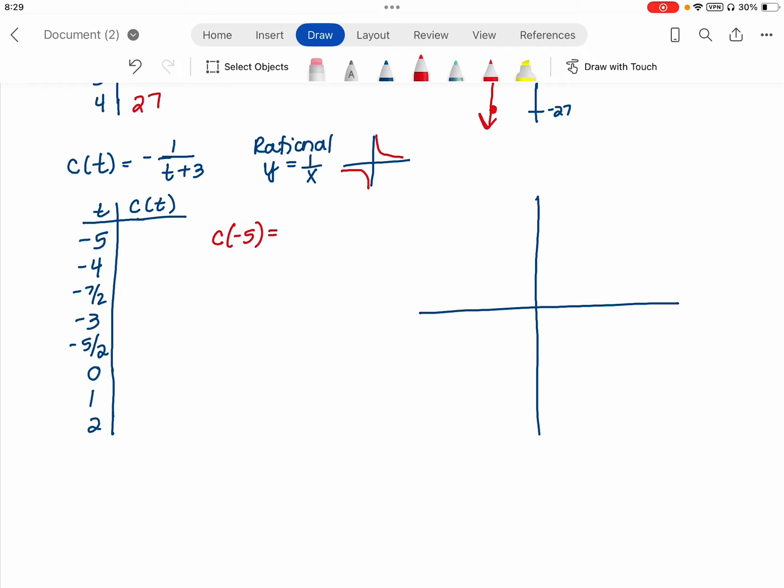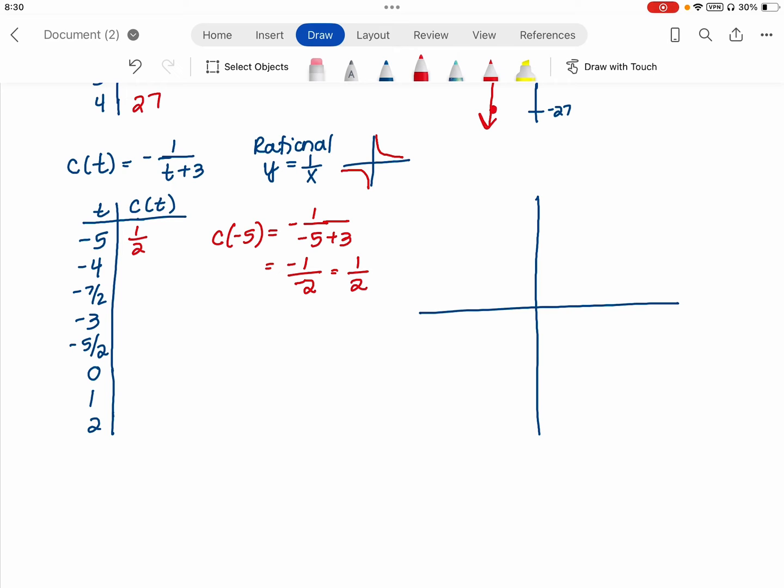That's going to be negative, and I have 1 over -5 plus 3. Then I just need to simplify this down. I can think of that negative being in the top with that 1, and then I'll have a -2 on the bottom, and negative divided by negative is positive. So that is a +1/2.